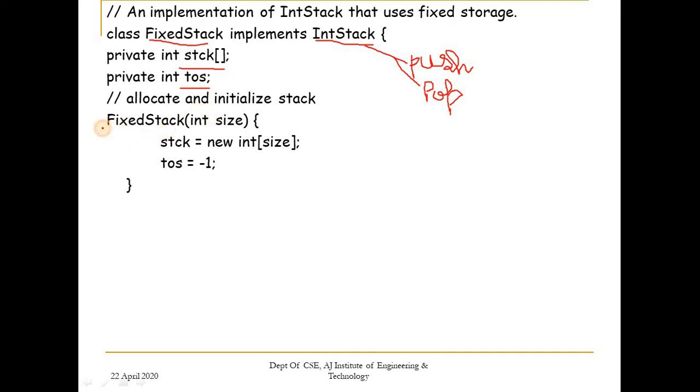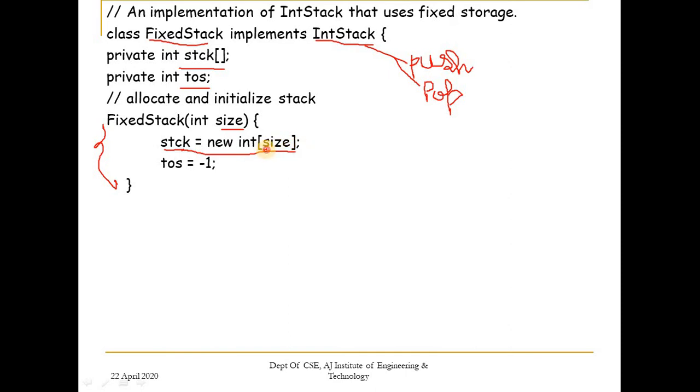Here we have this constructor. Fixed stack is a constructor of class fixed stack. Now this constructor takes size as a parameter. Next, the stack array: in the earlier statement we have just declared a variable of type array. Now in this statement we are allocating memory for that array, correct. Using the new operator, memory will get allocated dynamically. How much memory will get allocated?